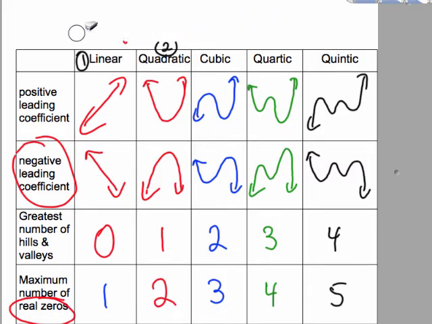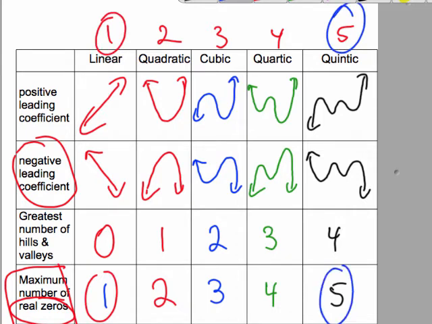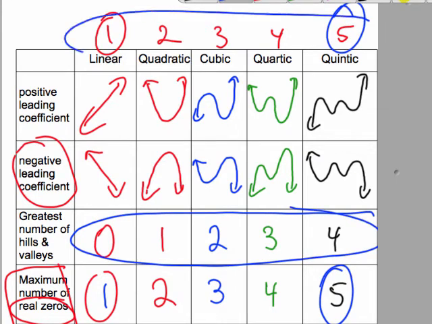So if we look for the patterns here, in our first degree, second degree, third degree, fourth degree, fifth degree, you will notice that the maximum number of zeros matches the degree. Degree 5, you will have at most on your graph 5 x-intercepts, but not for sure. It depends. Your hills and valleys, 1 less than the degree.